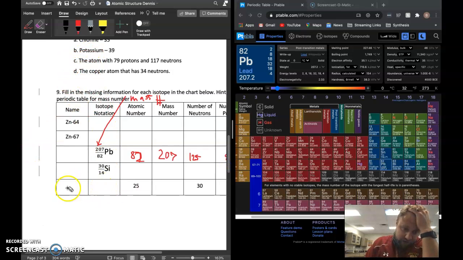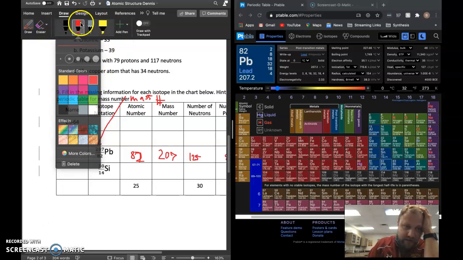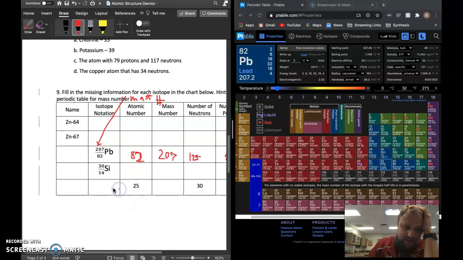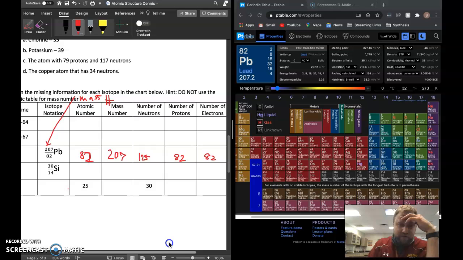So I'm going to do the very bottom one. These might be the more difficult problems, where it just gives you either the atomic number or the number of neutrons.